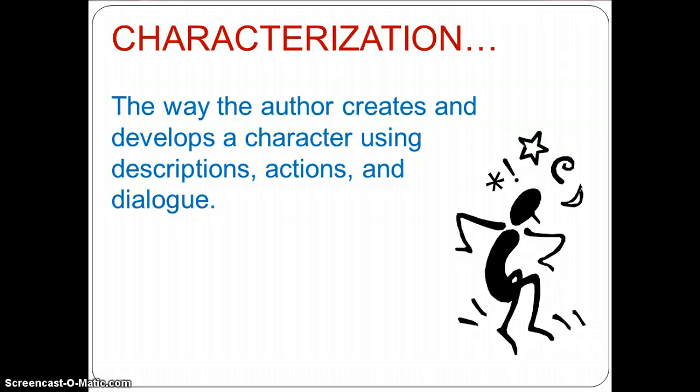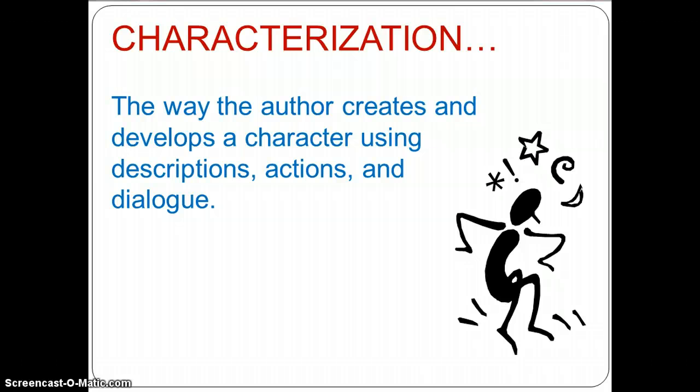The author may reveal a character by describing his or her physical appearance, what he or she says, thinks, feels, and dreams, what he or she does or does not do, or what others say about him or her and how others react to him or her.